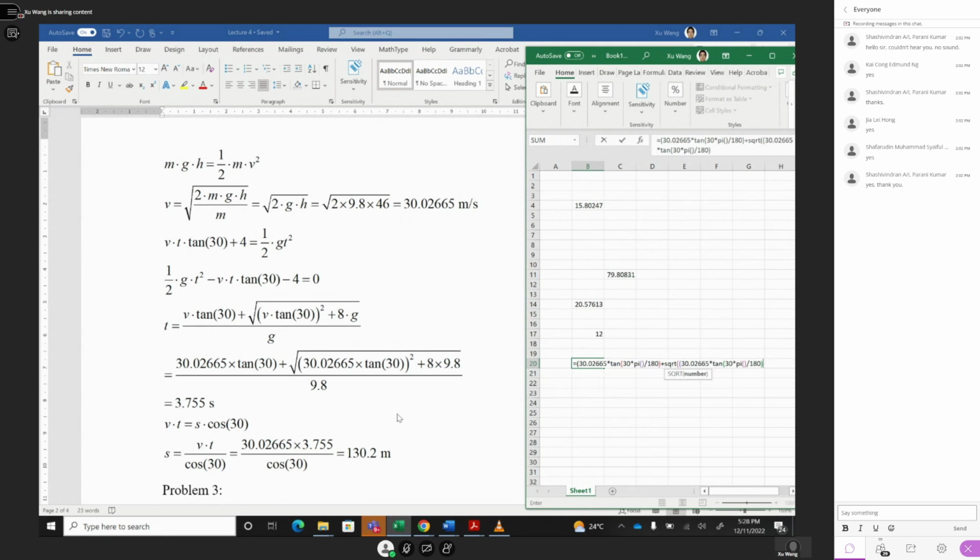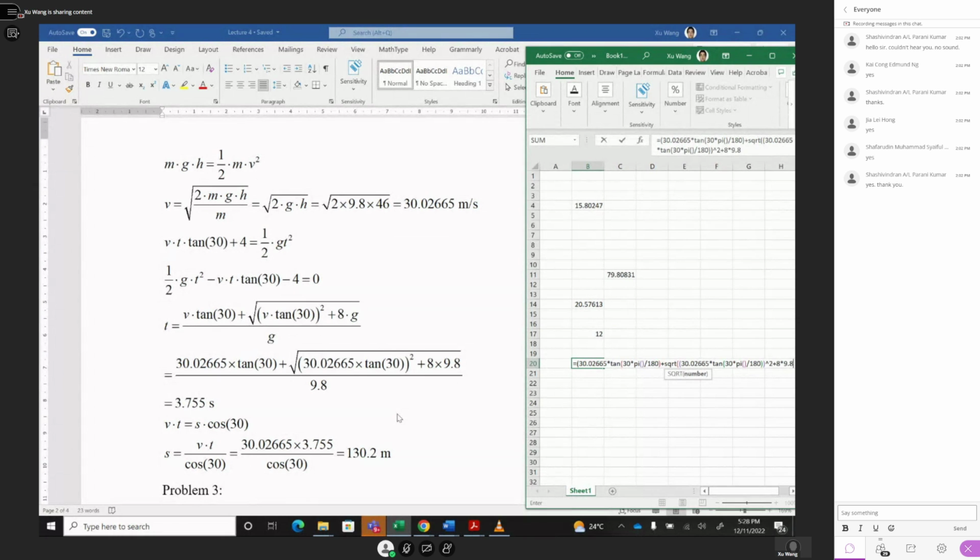This is for the tangent, and you also have to bracket it, and then square. Excel is a very good tool, but be very careful not to miss the brackets. Otherwise, you can use the calculator. The calculator is boring and takes a long time. Then multiply 9.8.